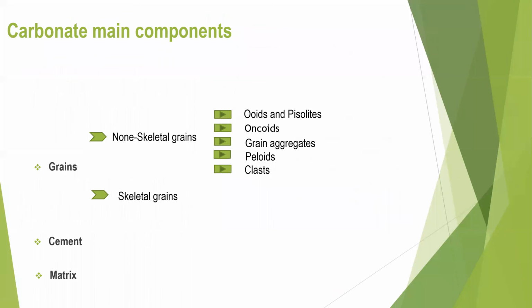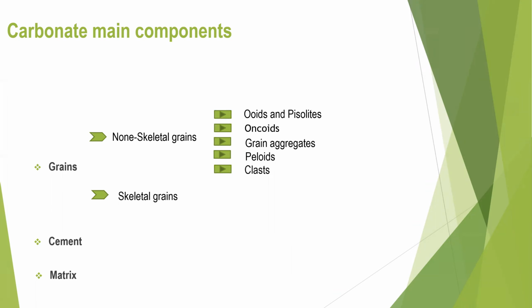Okay, what are the main components of carbonate? Carbonate is composed of three components: the grains, the cement, and the matrix. The grains are composed of non-skeletal grains such as ooids, pisoids, oncoids, peloids, and also clasts.